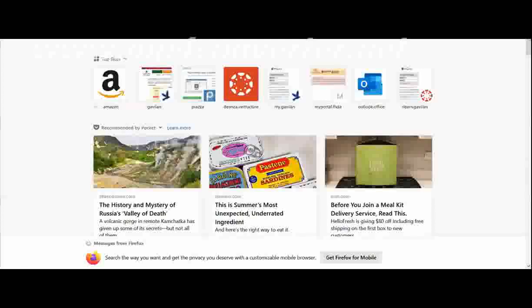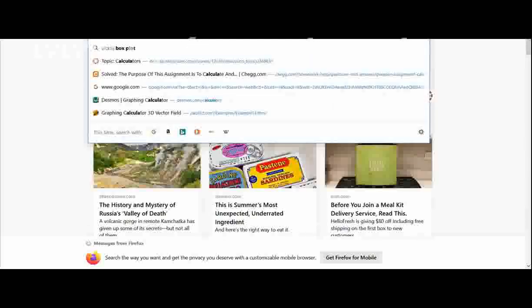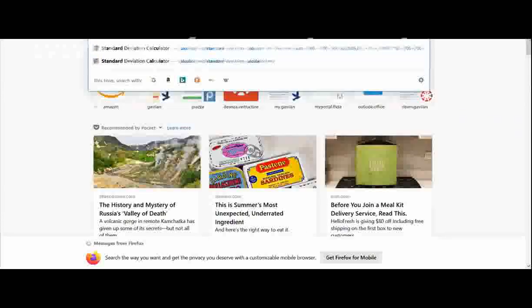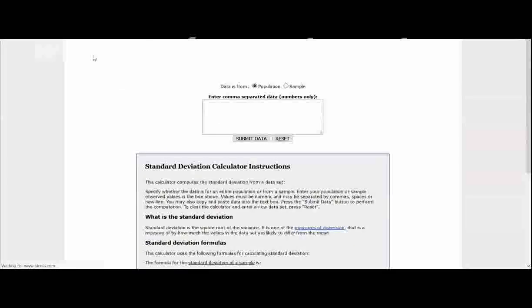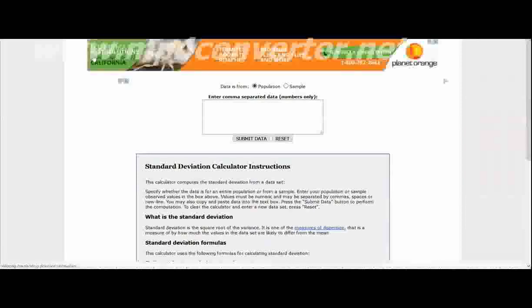So let us get back to our website. One of them is called Alcula. You can Google Alcula standard deviation. The first link gives you Alcula.